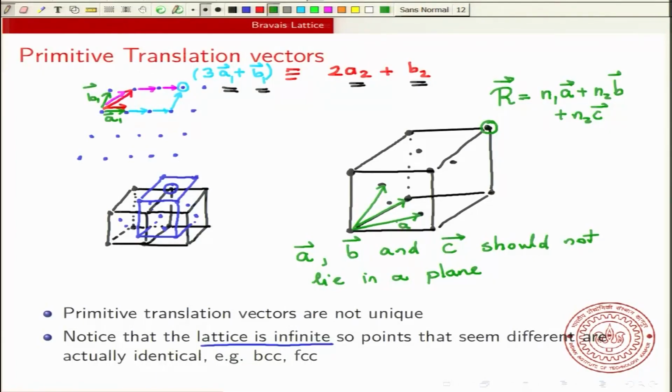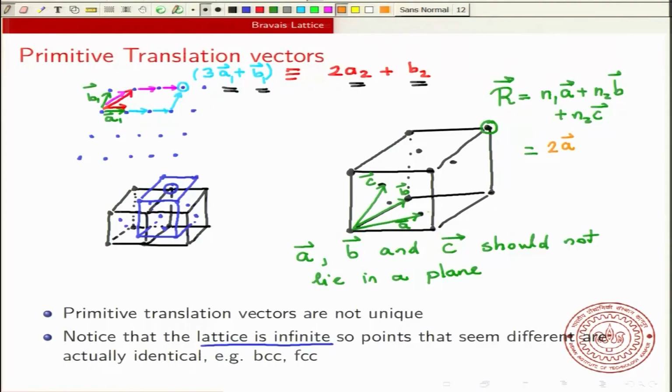Let me call these A, B and C. Then you can see that this can be written as, and I'll show it in a slightly different color, 2A.